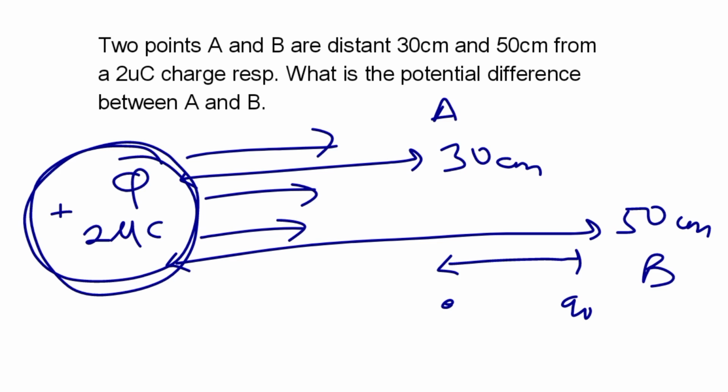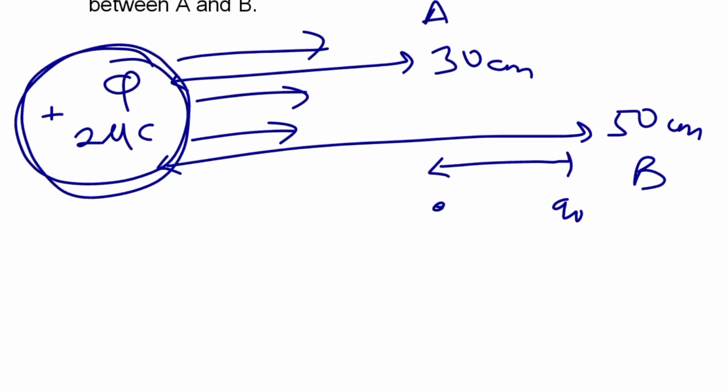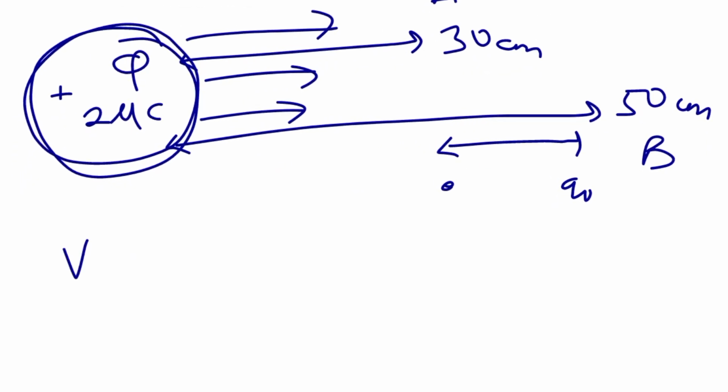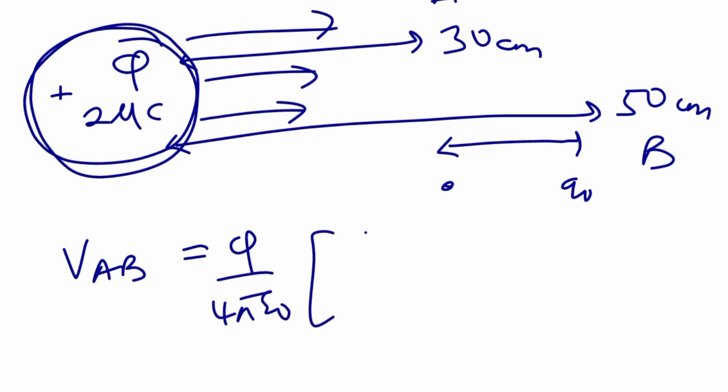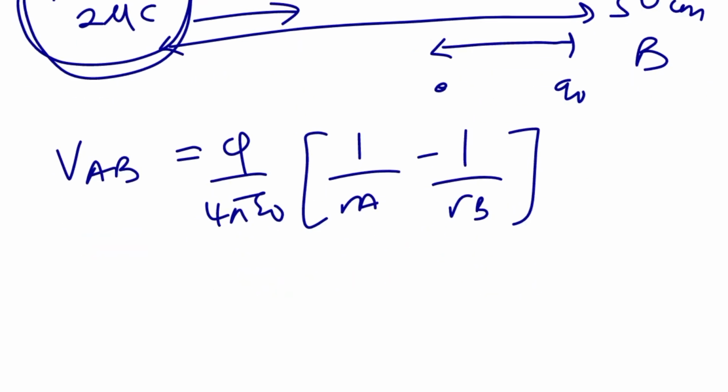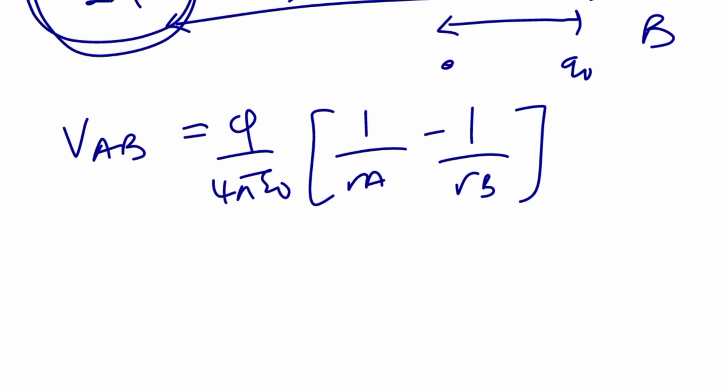We know from our last video that the potential difference between 2 points can be calculated as VAB, which is the potential difference between point B and A, equals Q over 4 pi epsilon naught, times 1 over RA minus 1 over RB. You can rewrite this as VA minus VB.